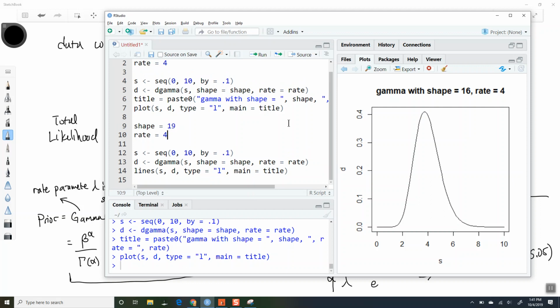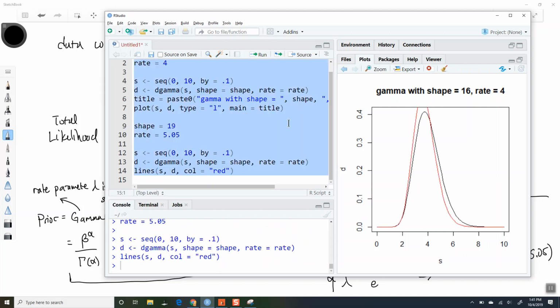I'm going to have 19 and 5.05, and let's just add this, color equals red. Okay, so this is the prior distribution, and then after observing 3 more observations, the resulting distribution looks a little bit like this.